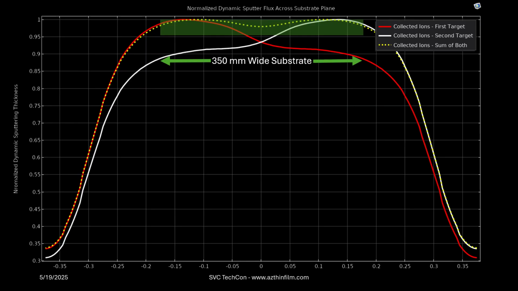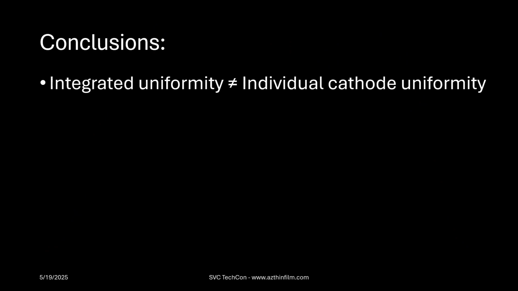And so that's going to make a film that is going to be really hard to get a nice index match on. And there's going to be gradients in the actual film that'll be deposited. But you'll look at the actual thickness uniformity and say, hey, this is well within our plus or minus 2% range. So in conclusion, the integrated uniformity does not equal the individual cathode uniformity.